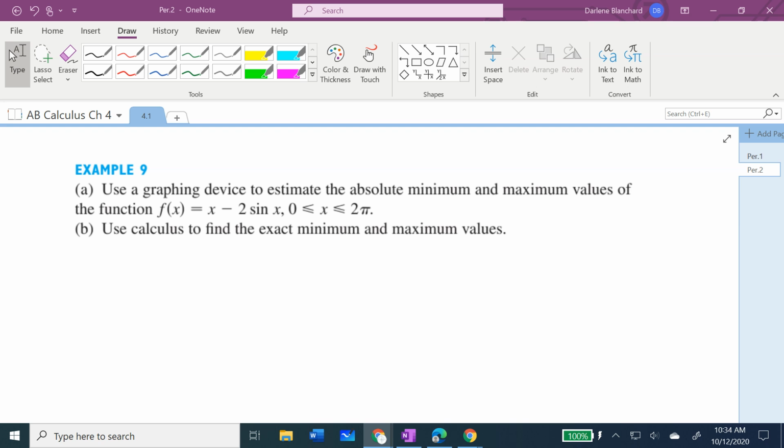For the 0 menu, if you do that, it's going to ask you for a left and a right bound. And depending on the age of your calculator, it'll either say left or lower, and then right or upper bound. You have to make sure you have something that's negative and something that's positive. Otherwise, it'll tell you error.